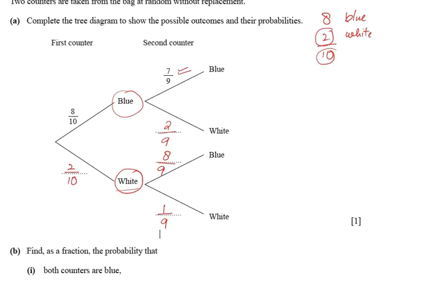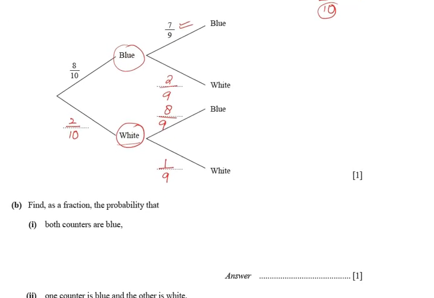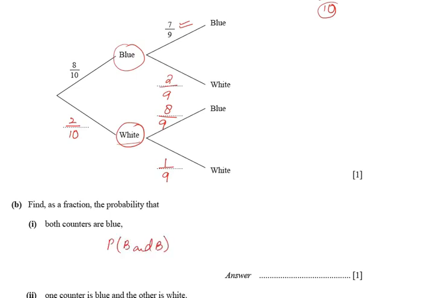Now what are they saying in the next part? Here they are saying find as a fraction the probability that both counters are blue. So it means probability of blue and blue. So the probability of first blue is 8 upon 10. And the probability of second blue is 7 upon 9.